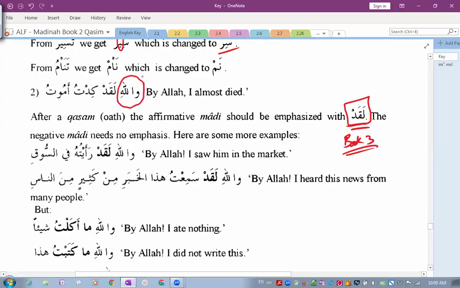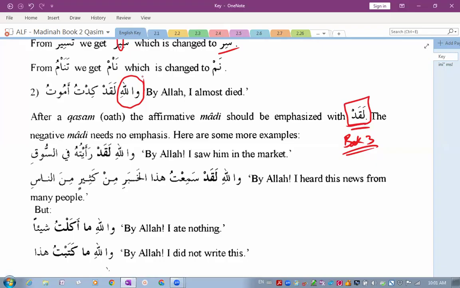This is an oath. Sometimes the qasam may not be there. So if a sentence is starting with laqad, that means there is a qasam which is mahzuf, which has been omitted, but it is already understood. So I want us to always remember, as soon as you see laqad in an ayah, either look for a qasam before it, or know that there is a qasam before it, that Allah subhanahu wa ta'ala is taking an oath and then saying it, or whoever is saying it is taking an oath.